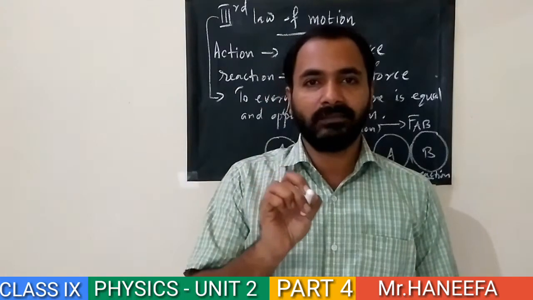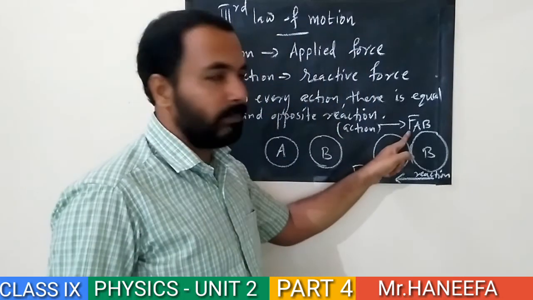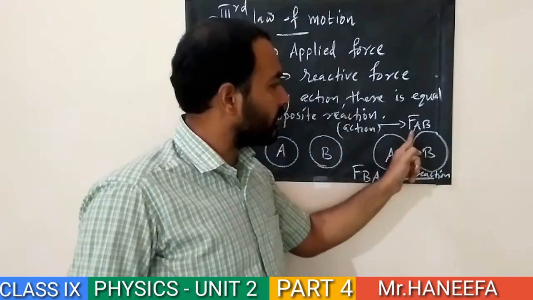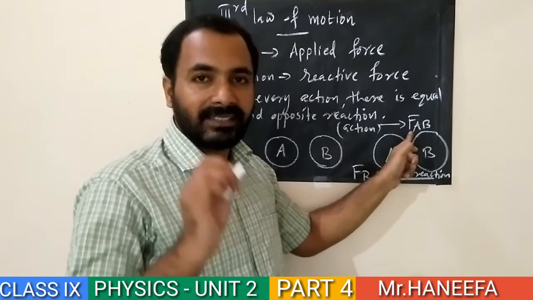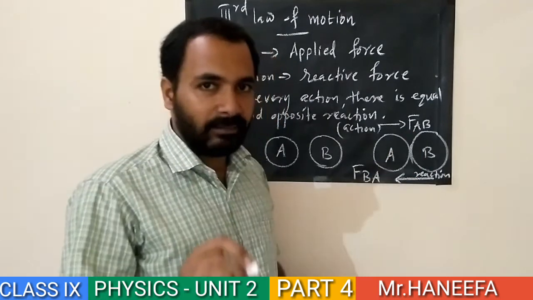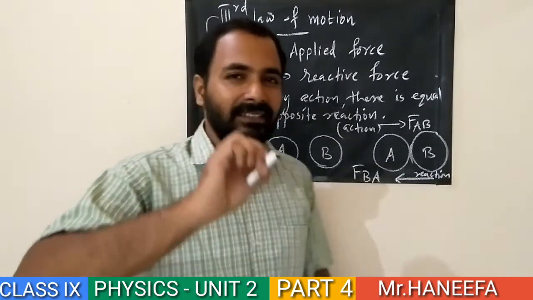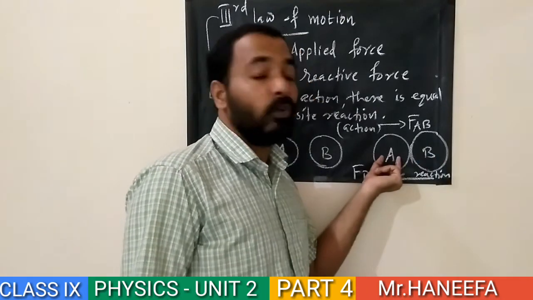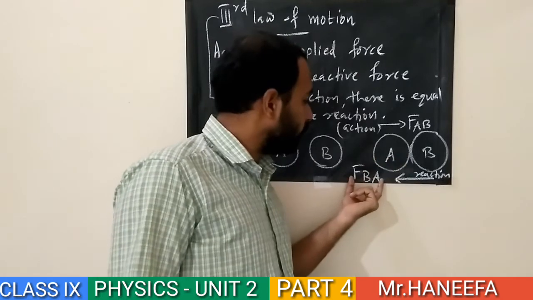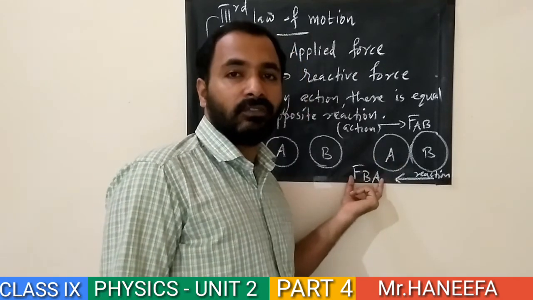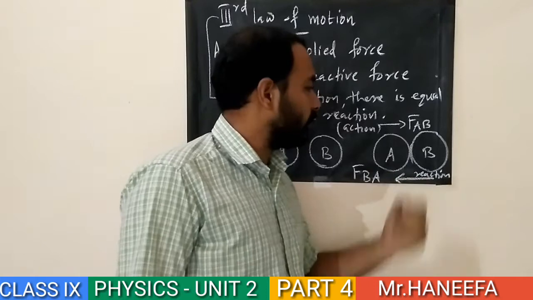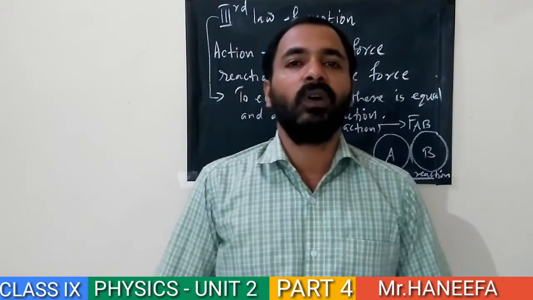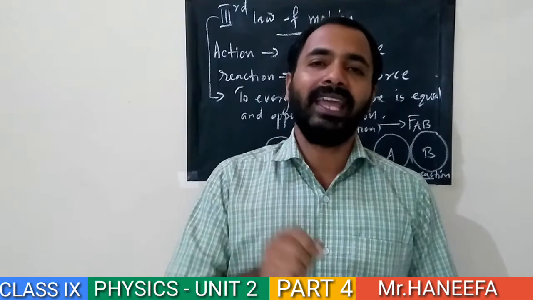Which is action? FAB. Force acting by A on B is FAB. That is action. At the same instant of time, B applies a force on A, that is called FBA. It is called a reaction. So, to every action, there is equal and opposite reaction.